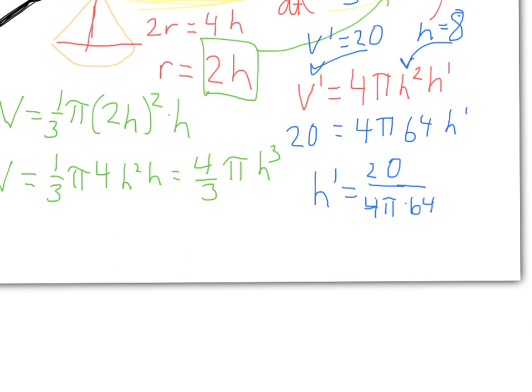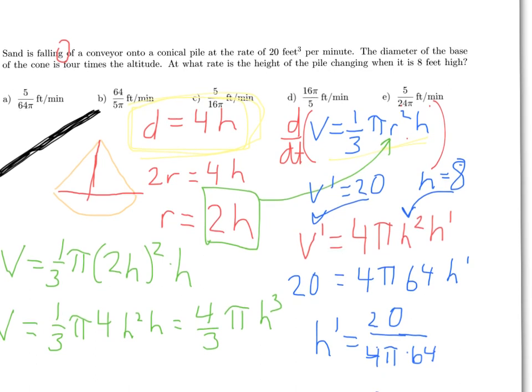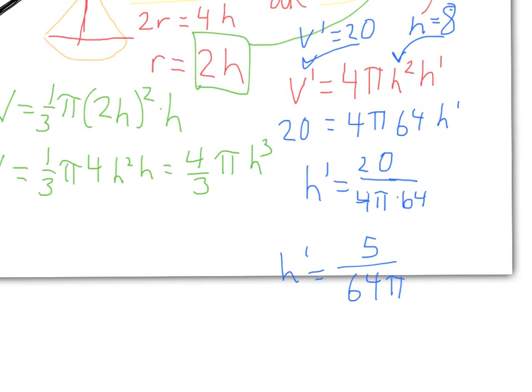And that simplifies into 5 over 64 pi. This is h prime, the rate of change of the height. And in this problem, everything is in feet per minute. So that's going to be 5 over 64 pi feet per minute.